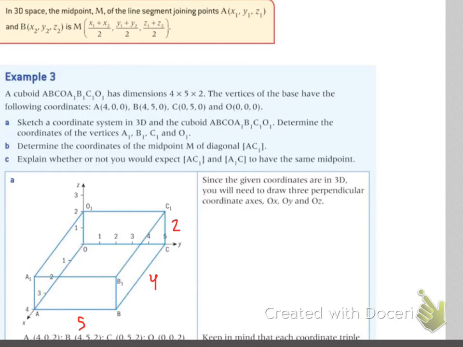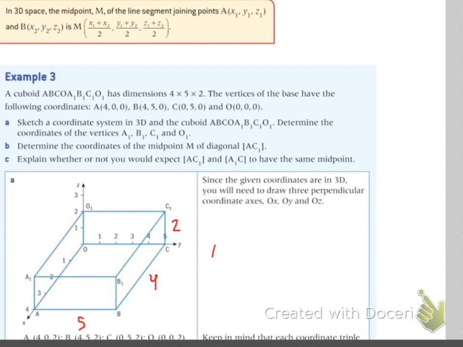And what you can do is determine the coordinates of A1, B1, C1, and O1. So where's A1? A1 is here. Let's do that one first. The coordinates, now it's got to have 3 coordinates. So we do x first. In x's, it goes 1, 2, 3, 4.